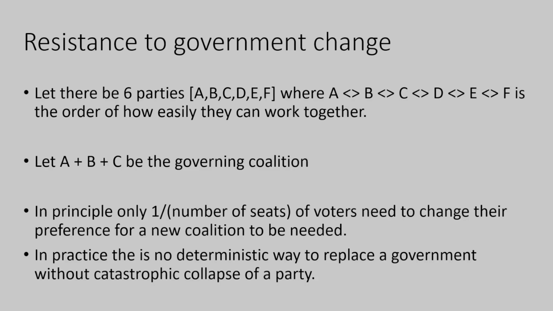The tricky thing with proportional systems is that since coalitions are almost entirely needed, there are some specific caveats depending on the system. In Sweden, you form government by not getting voted down. It's a negative confidence versus an affirmative confidence.